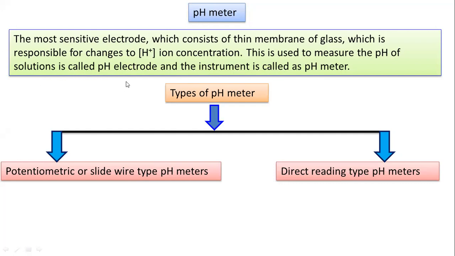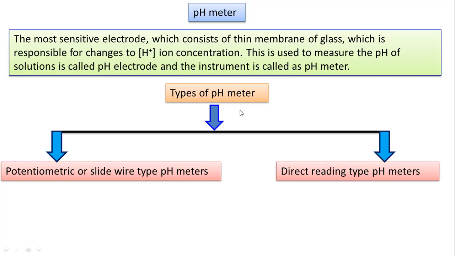It's called the pH electrode, which measures the change in hydrogen ion concentration, and the instrument itself is called a pH meter. The meter equipped with the pH glass electrode takes into account the changes of hydrogen ion concentration, and is generally called a pH meter.